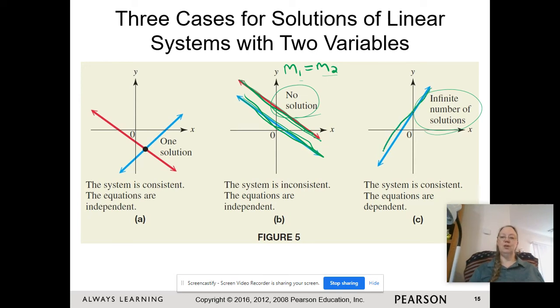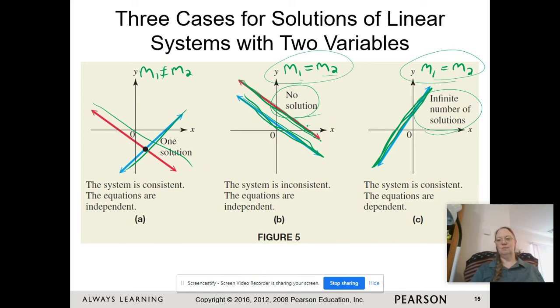Because if you look over here, the slope of the first line matches the slope of the second line. Over here, slopes don't match. We've got completely different slants here. So if the slopes match, it's going to be one of these two situations, one of the two special cases.